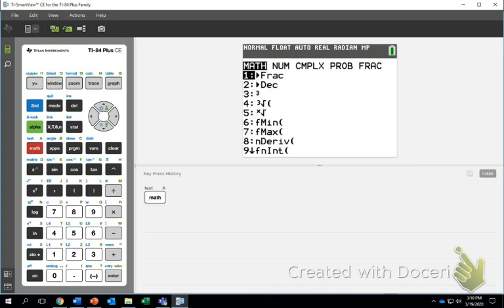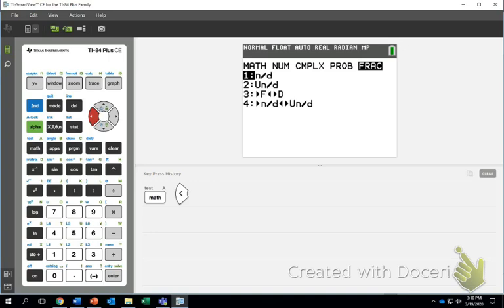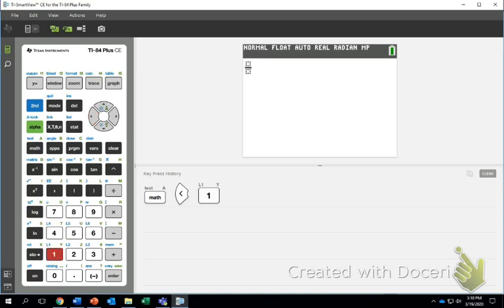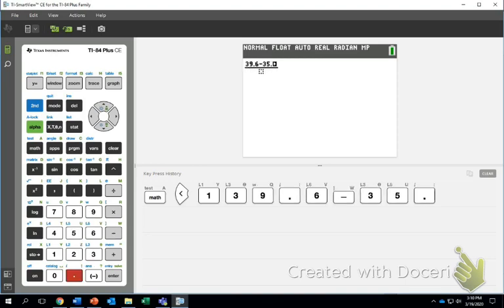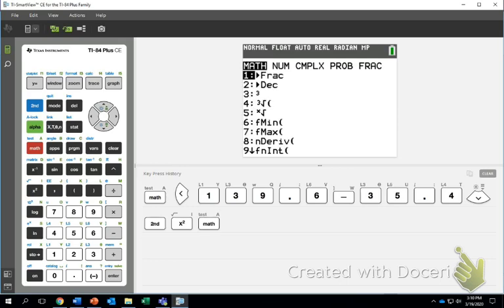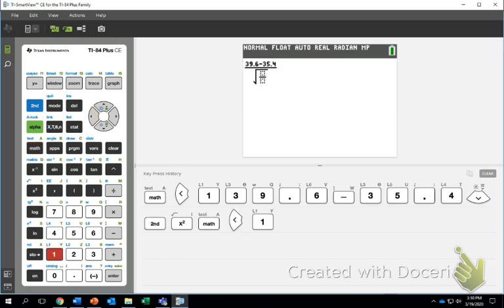But let's go ahead and set up our fraction. At the top, we had 39.6 minus 35.4. Underneath that, we had the square root. And then we had two fractions here, so let me set that up first. All right, plus, and then another fraction.